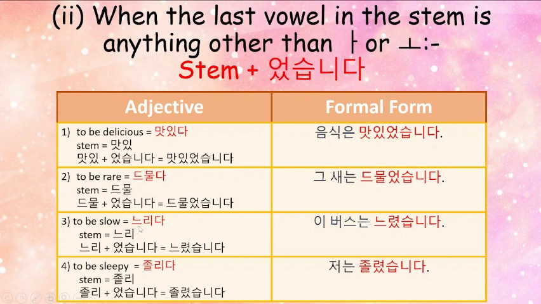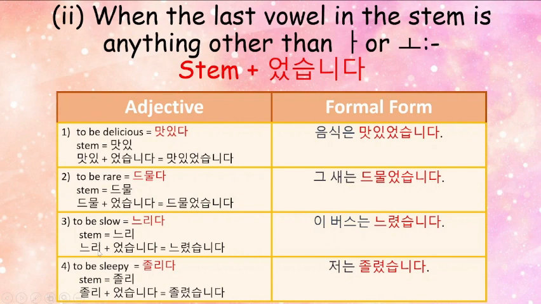Next is the adjective 느리다, which means to be slow. Here the stem is 느리. Here also you will notice that the stem ends in a vowel. So the upcoming vowel will get merged with it.